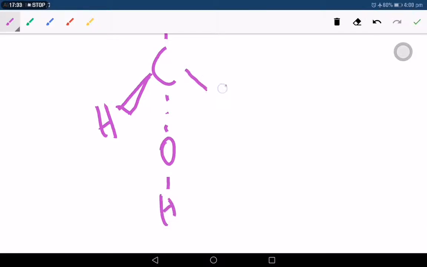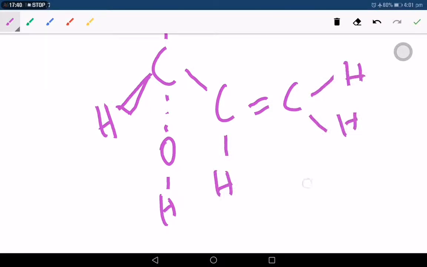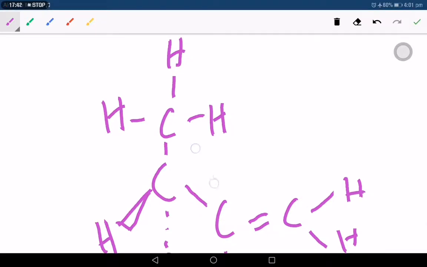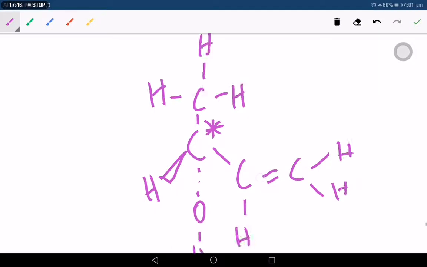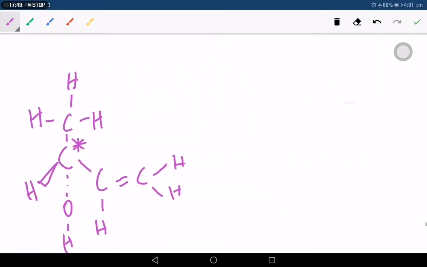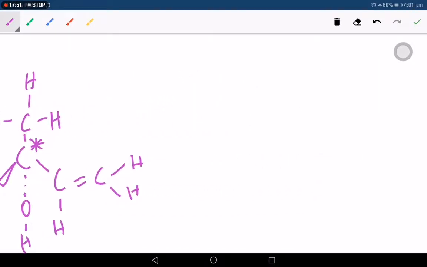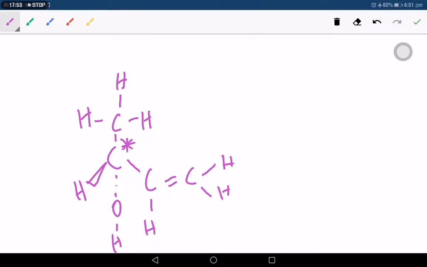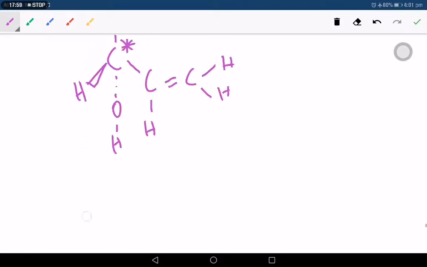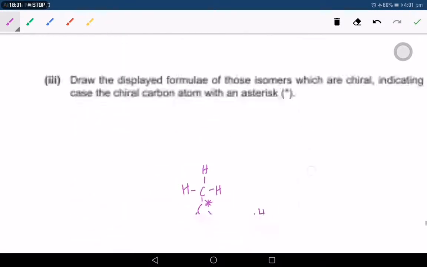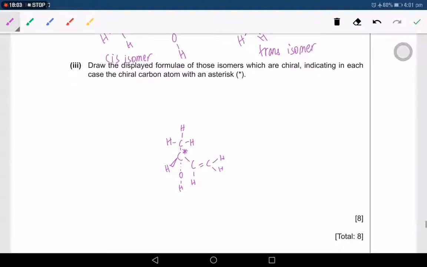You must notice that this is chiral. You can either draw the non-superimposable isomer of what I've drawn, or you can just draw this one. Either way, both of them are acceptable, so I just drew one.